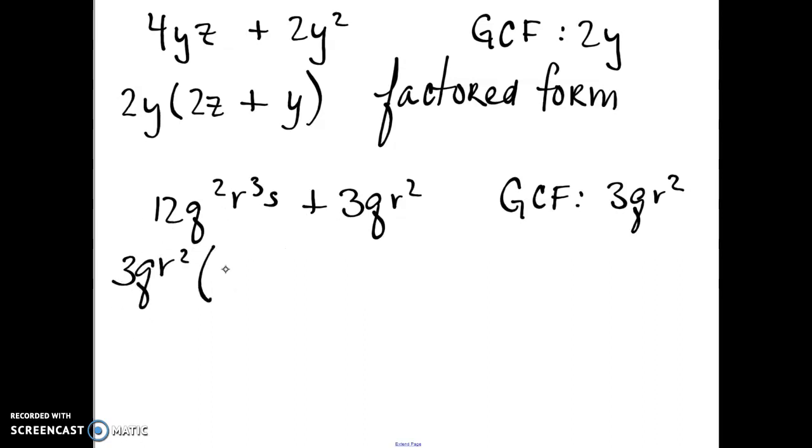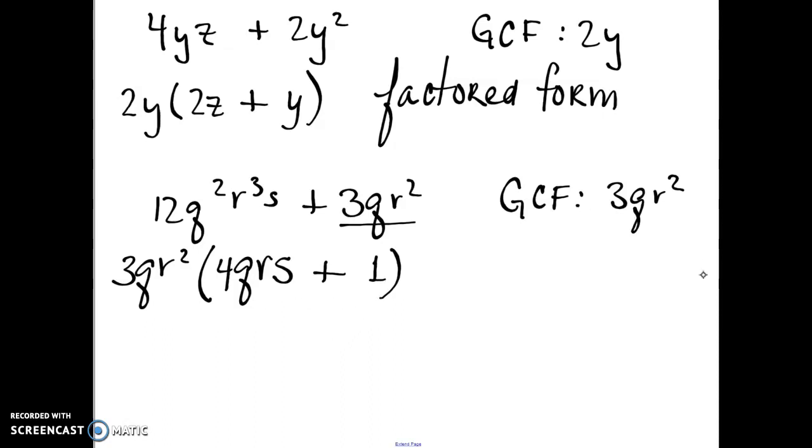So if I pull it out, what's left over, 3 times 4 to give me 12, q times q to give me q squared, r squared times r, and then s, plus this time 3qr squared. That's entirely this whole term. There was nothing left in that common factor, so it's plus 1. That is my factored form.